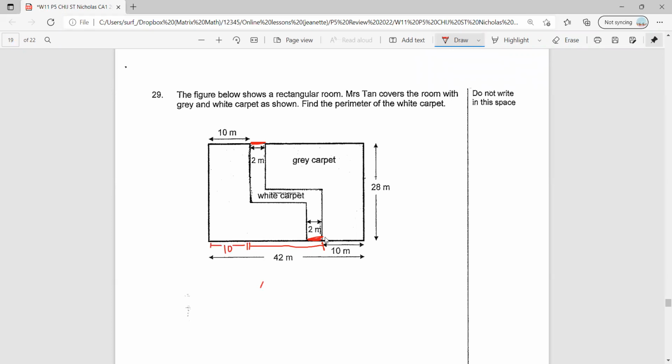Okay, so I take 42 minus 10 minus 10 equals 22. So this is 22. Okay, let me highlight. This and this here is 22. This and this here is also 22.